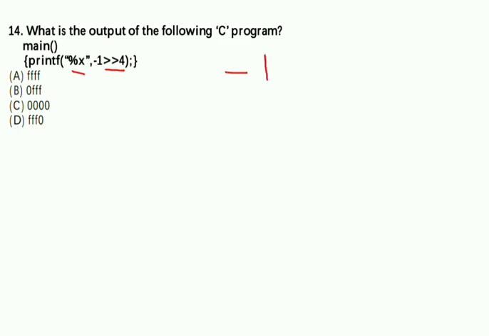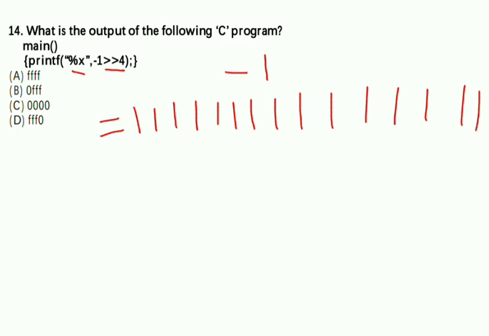If we assume an integer is 32 bits long, then we will have 32 ones placed consecutively. And we need to right shift by 4 bits.